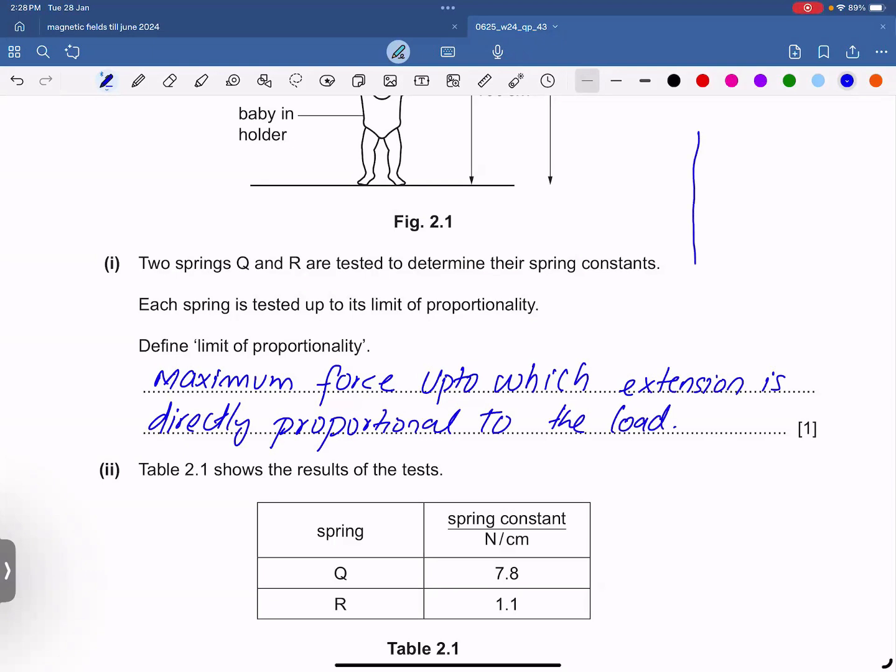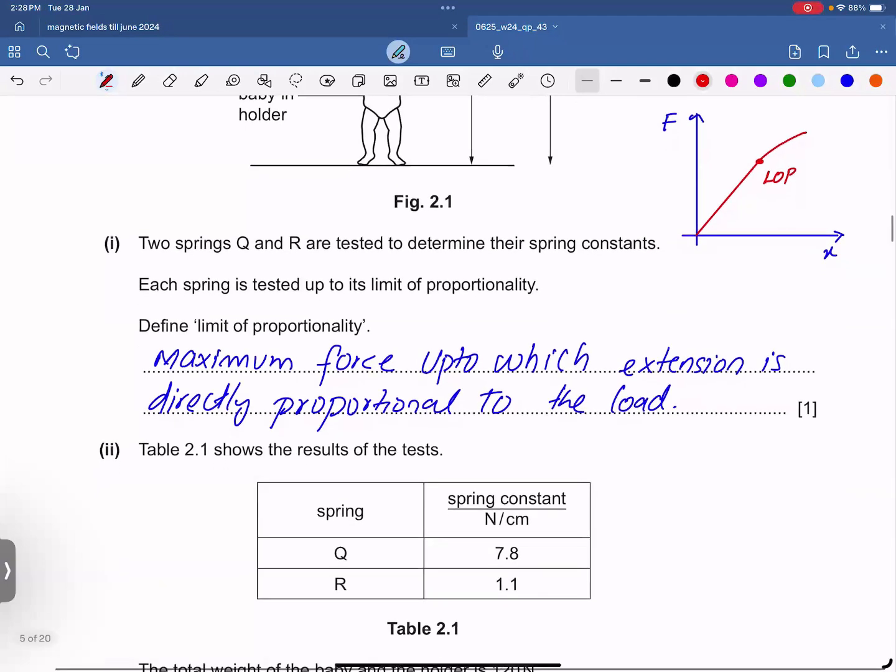Dear students, as we keep applying more and more load, for example, here is the load F and here is extension X, the extension is directly proportional, but eventually when it curves, it means you have crossed the limit. This is the limit of proportionality, after which there is no more proportionality. So this is the ideal definition which I gave you.